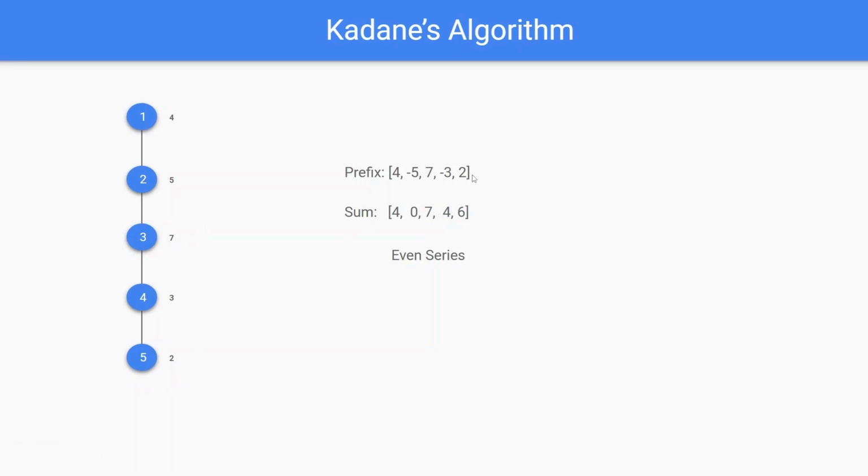This is for node 5. For this series, all of the nodes which are at even distances are positive, because node 5, for which we were calculating, is itself at even distance. For example, 0, 1, 2, 3, 4, right? For a node which is at even distance, all of the nodes at even distances will be positive, and all of the nodes at odd distances will be negative, right?